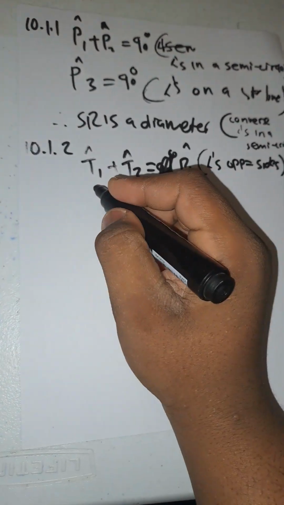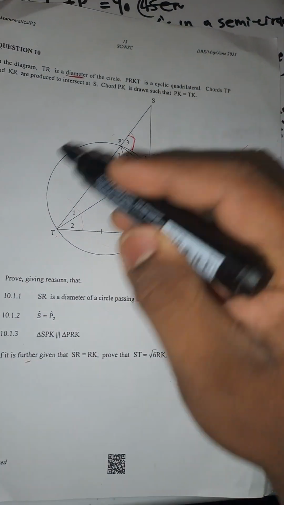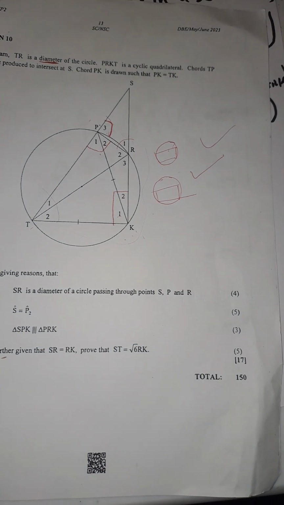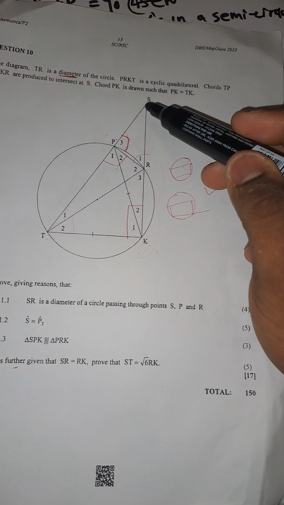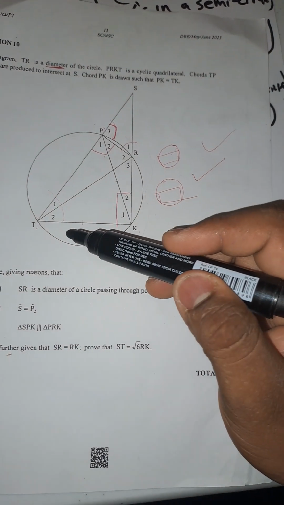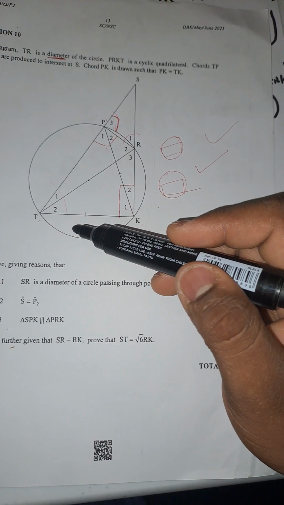Now I can say in triangle STK, what can I see in triangle STK? I can see that angle S, which is this one, plus T1 plus T2, and then plus the 90 that I was telling you about.